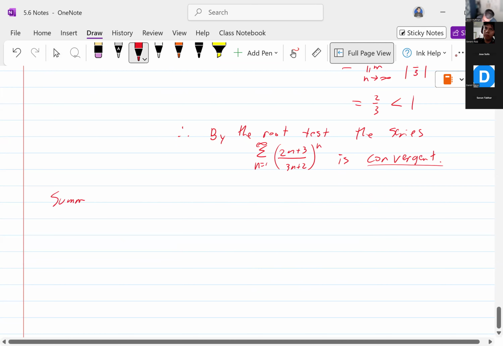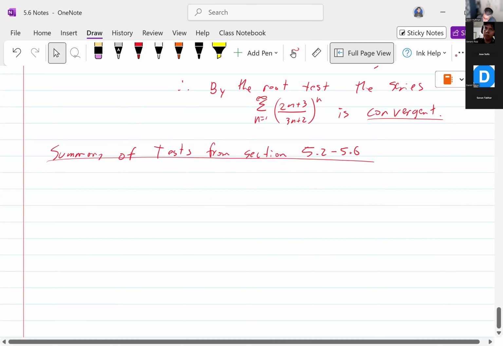Summary of tests from sections 5.2 to 5.6: tests for convergence or divergence.